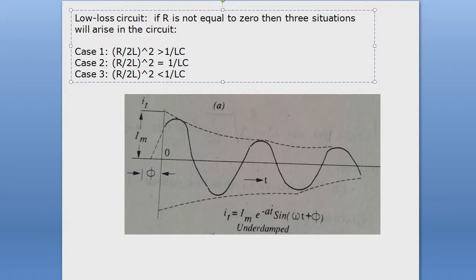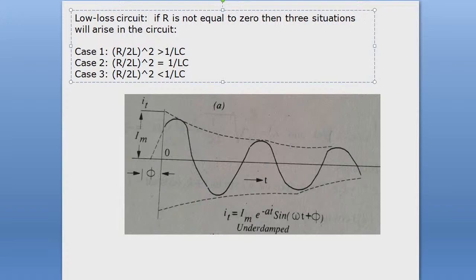Okay, so based on these three situations, the behavior of your transient response will change. Basically there are first two conditions, R equal to 0 or not equal to 0. If R equal to 0, then we will get an undamped response, a loss free circuit.